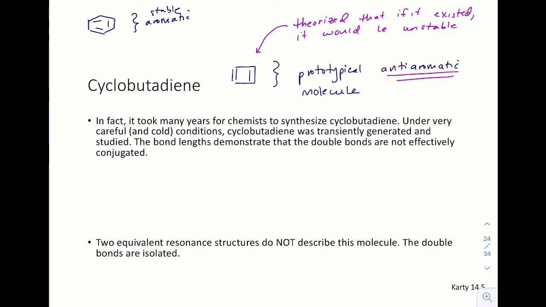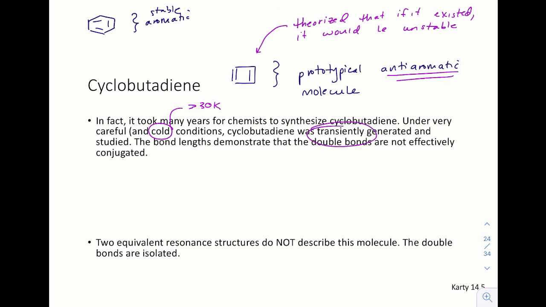Well, then, of course, chemists wanted to study it, but in order to study it, they needed to make it. So it took many, many years for chemists to synthesize cyclobutadiene, but under very careful and cold, we're talking about 30 Kelvin or colder, so super cold, cyclobutadiene has been transiently generated.